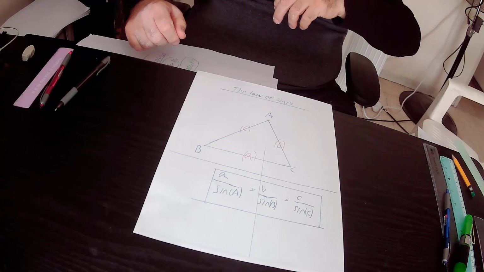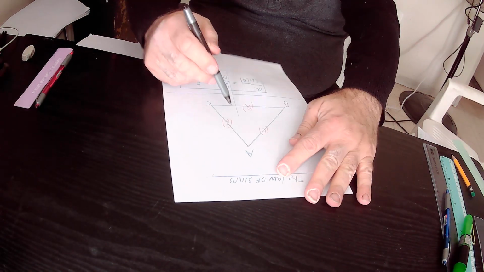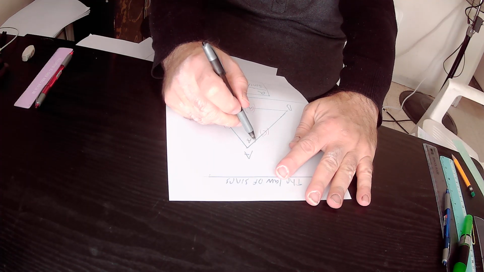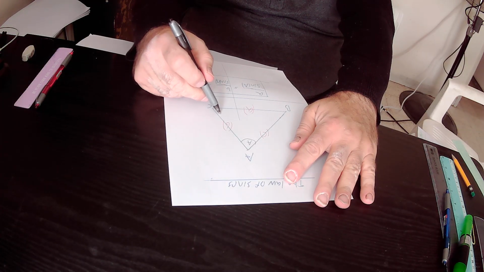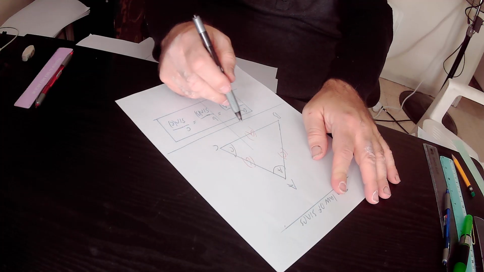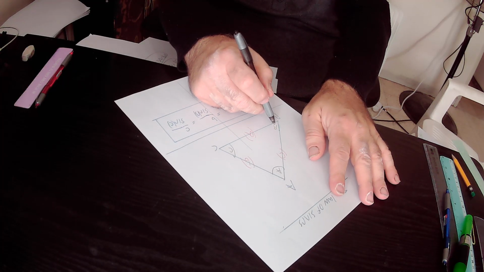Okay, so maybe I write it down here. The size of this angle is capital A. The size of this angle is capital C degrees. And the size of this angle ABC is equal to capital B degrees in its size.